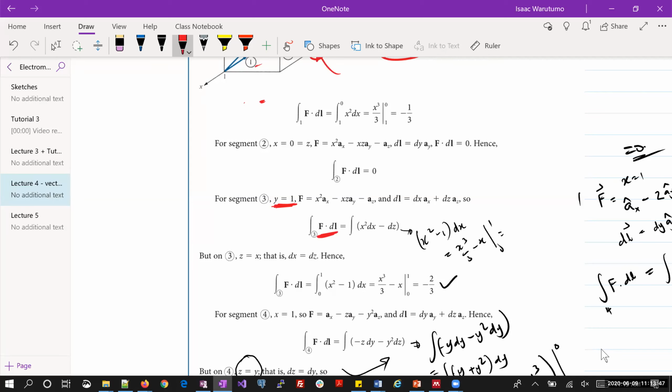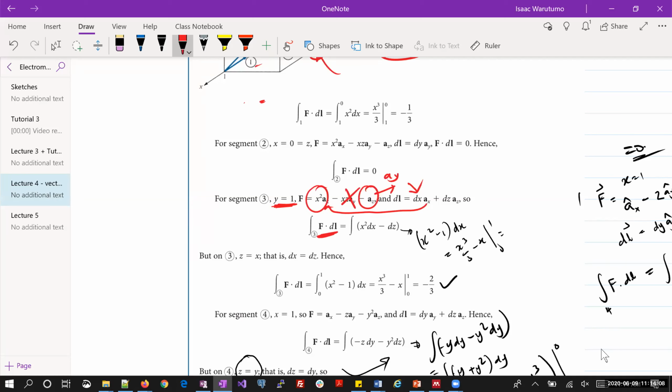When we dot product this term with this term, ax will dot with that and ay will be lost because it is not there. We don't have an ay term, and therefore it is going to get lost. So we are going to be left with this term and this term.